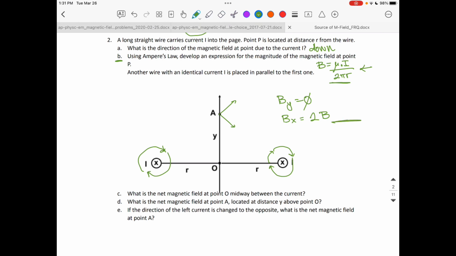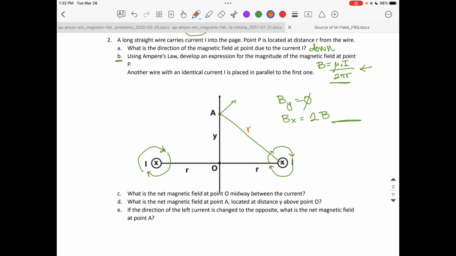So I'm going to leave this blank. The way we analyze, let me just get rid of this. Okay, so what we want to do is just analyze one magnetic field first. We can double it once we get that component, but this line is our distance.